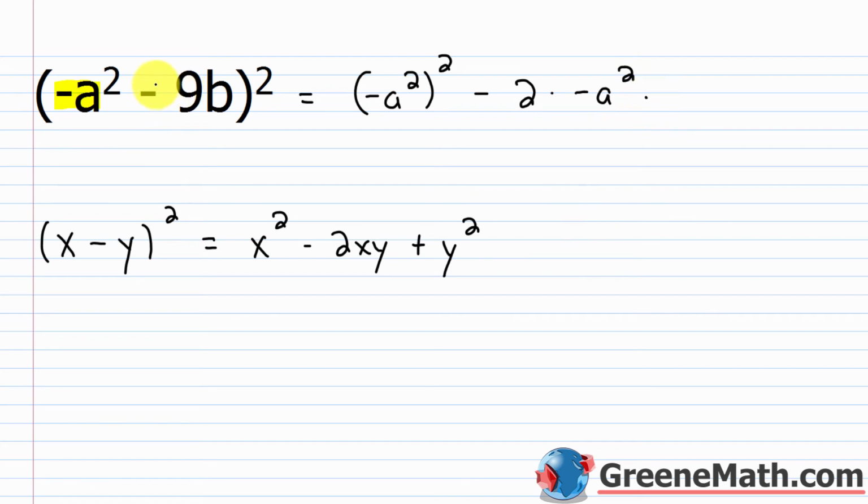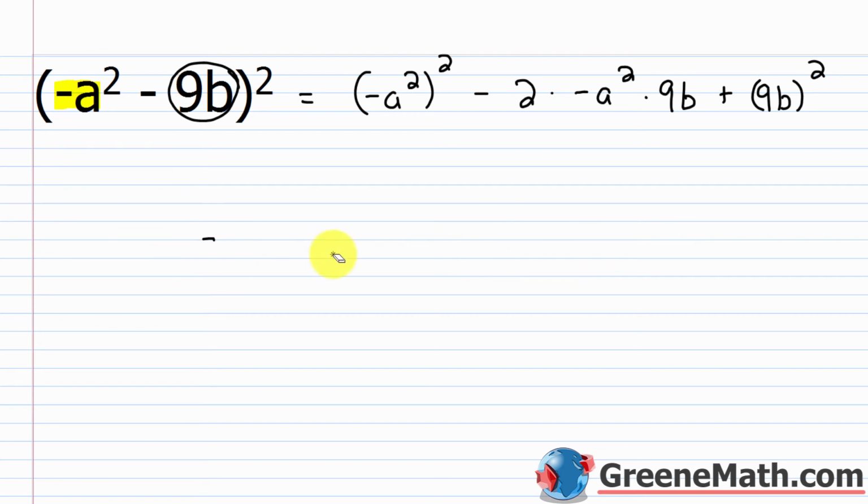Now, for the second guy, I never include that negative or that subtraction sign out there. I just take whatever's in that position. Just like here, I just take y, right? I don't put negative y in. So you've got to follow that formula to the T. I'm going to put 9b in there. And then last, I'm going to have plus this guy, 9b squared. So 9b squared.